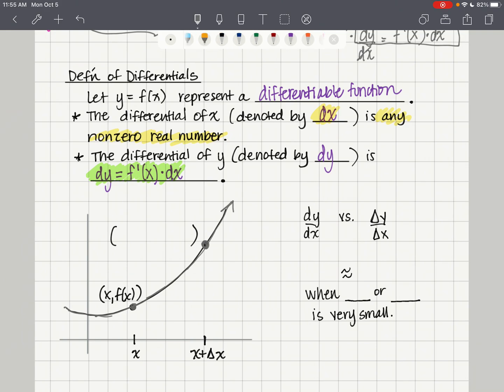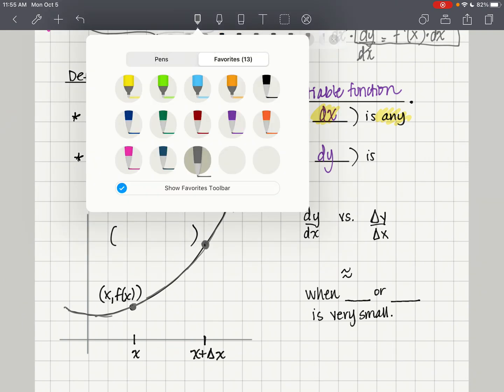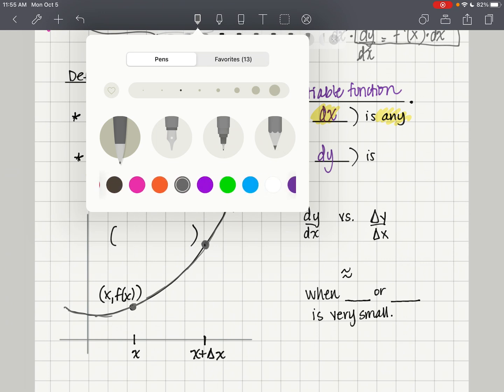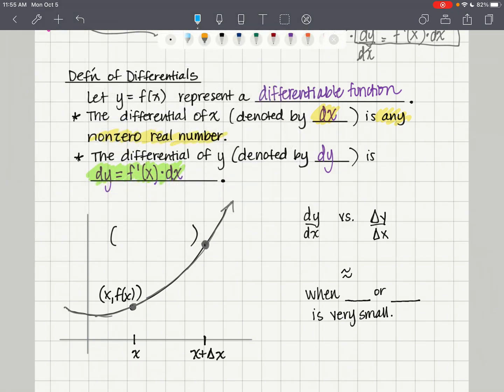I've got x, f of x, and then I've got x plus delta x. That's going to be your input, x plus delta x. And then the output is going to be f of x plus delta x.